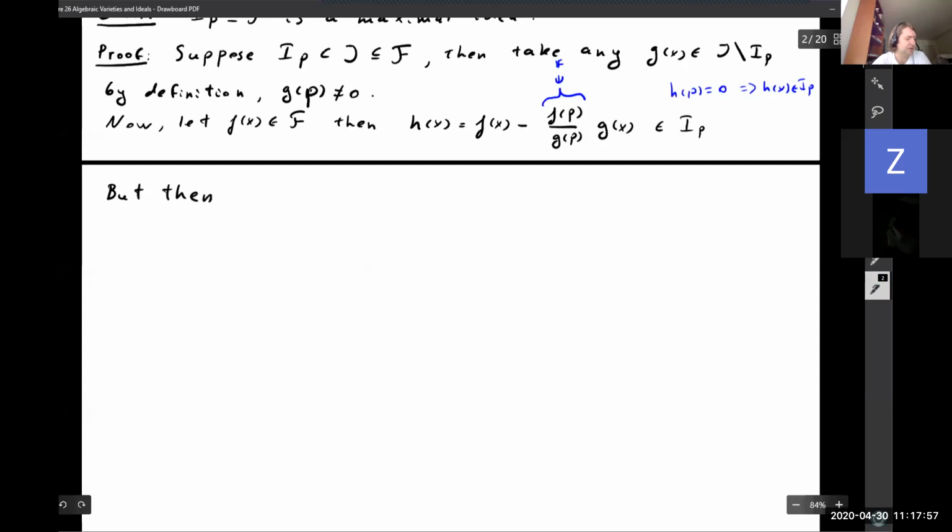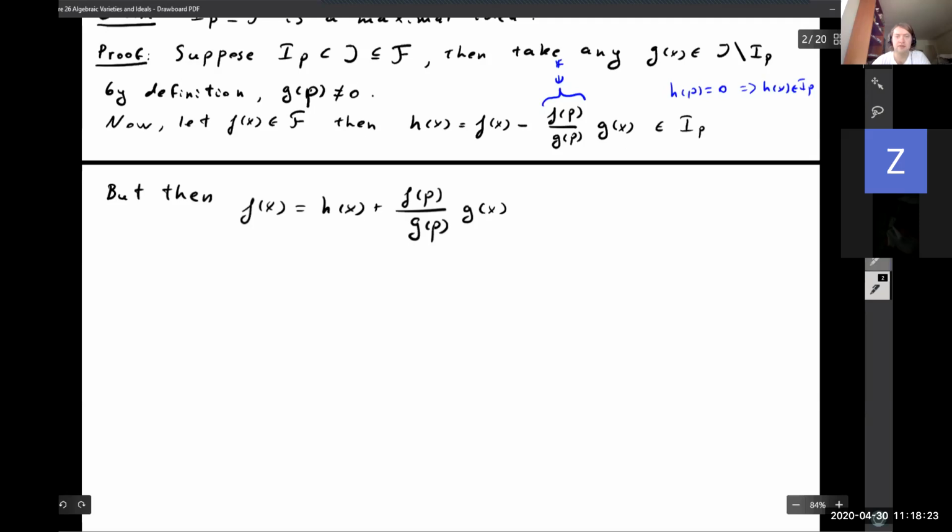Let's express f of x through h of x and g of x. So f of x is h of x plus f of p divided by g of p times g of x.